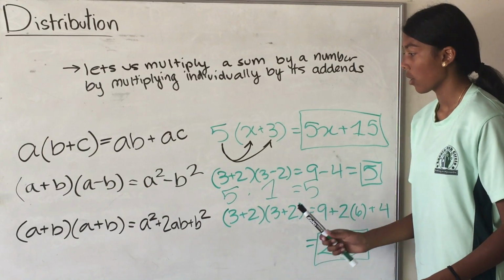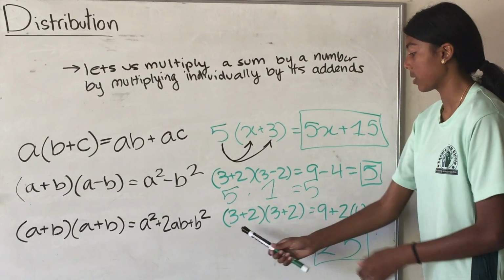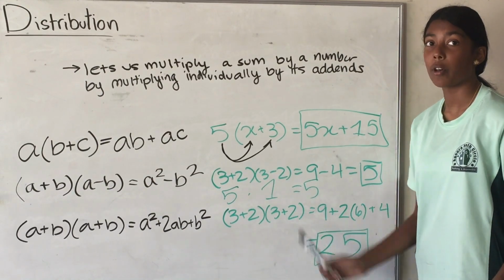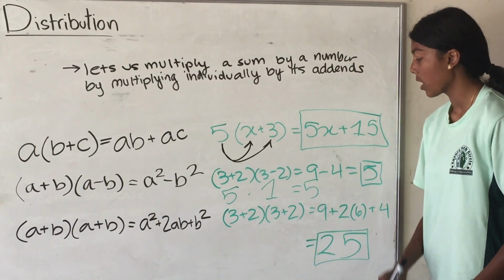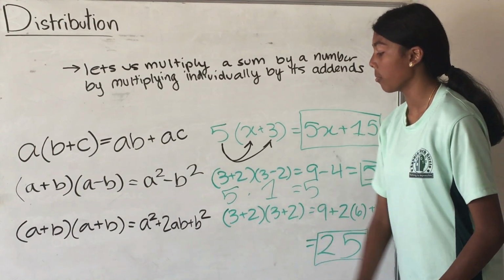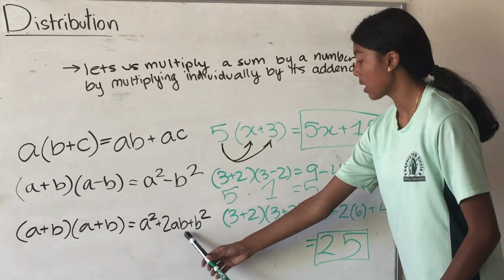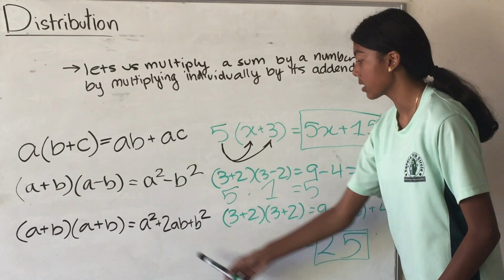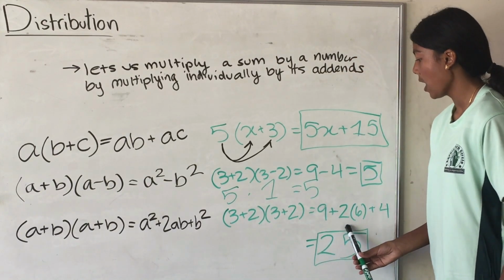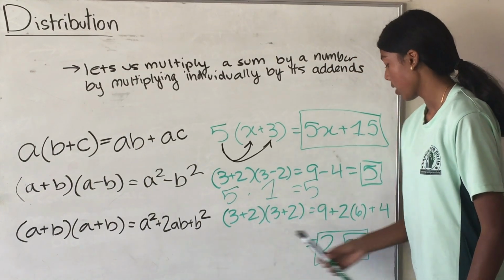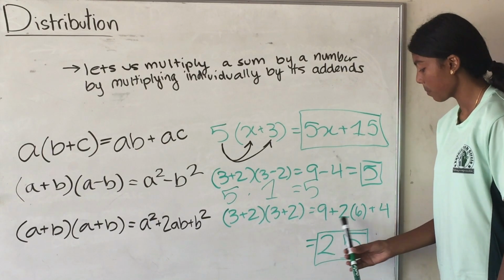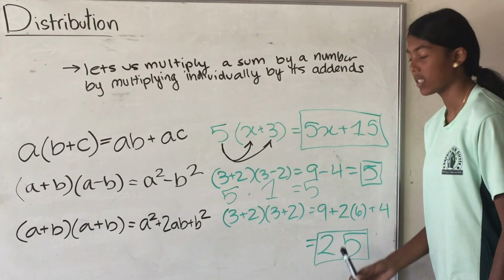Let's start off with how to do it normally. (3 plus 2) times (3 plus 2). They're both 5. 5 squared is 25. And how to use it with the formula. 3 squared is 9. A times b, 3 times 2 is 6, times 2 is 12. And then 2 squared is 4. So 9 plus 12 plus 4 is 25.